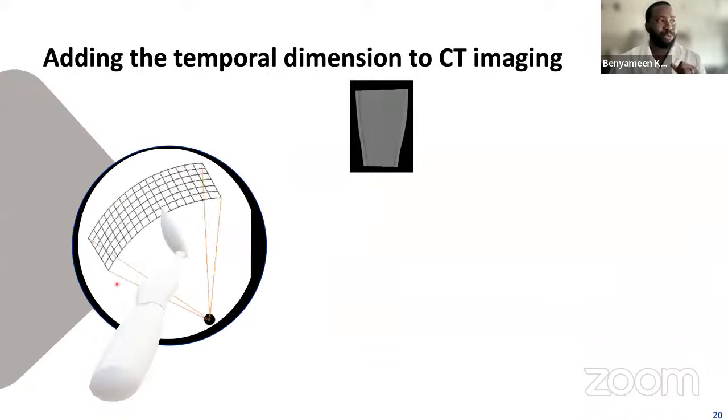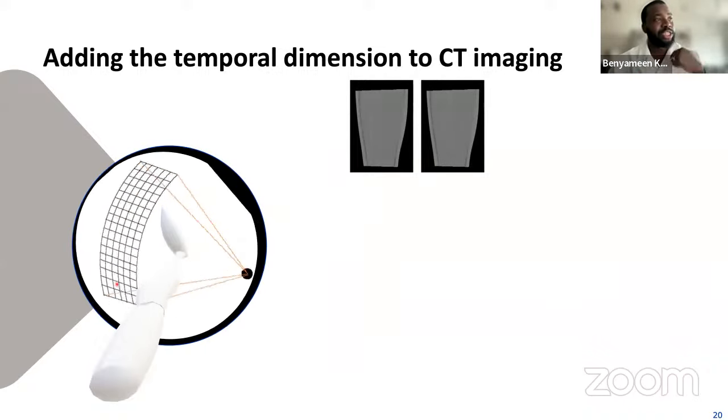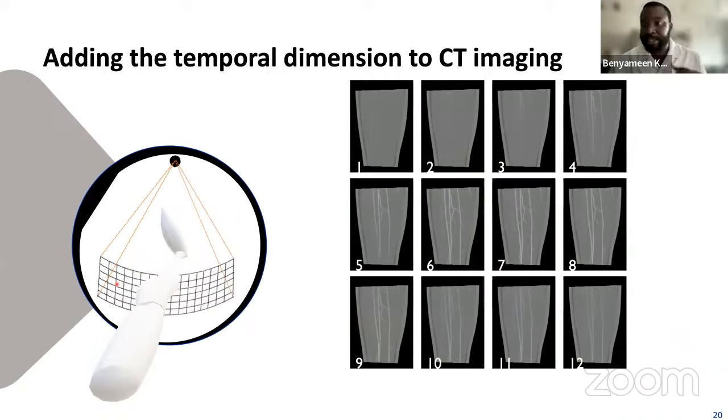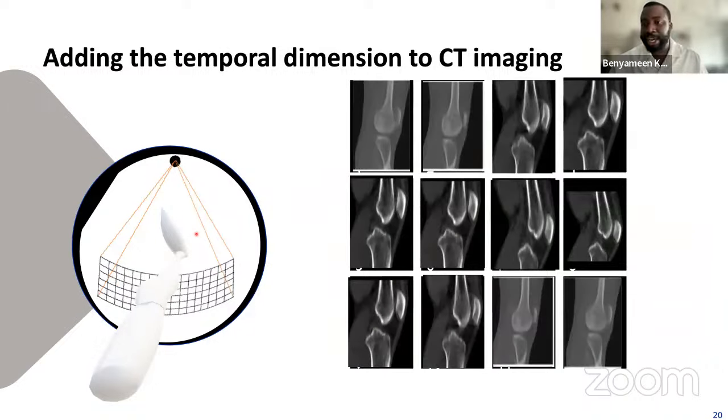Now, if you were to do this multiple times, you are generating multiple scans of the same region because it's wide enough, you don't need to shift the table. And imagine this patient is now moving the limb in the scanner, then what you end up with is images of the knee at different stages of motion.